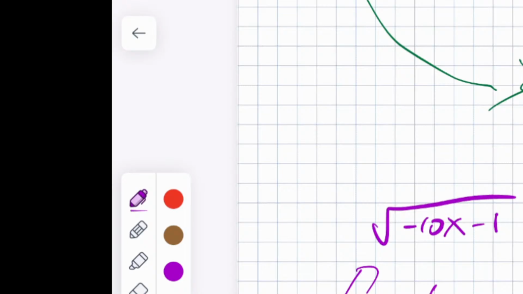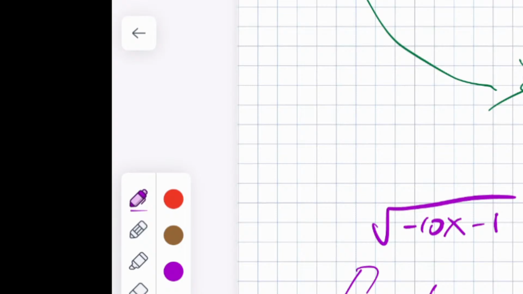This one is going to be 24 minus 6. What's 24 minus 6? 18 over 8, right? Yes. 18 over 8 minus 12 over 8 equal to 0.